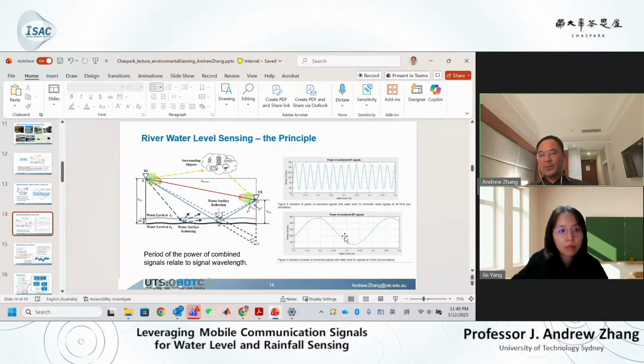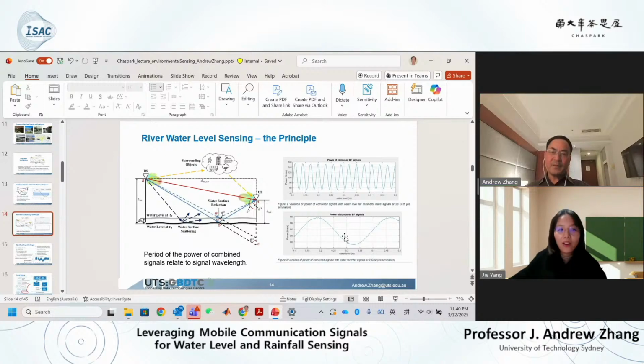Actually, multiple receivers, no matter whether they are from different channels or even working on the same channel, provide redundant information, and such information is always useful for improving the sensing performance or capability. Not just, for example, different frequencies. If you have signals from multiple transmitters at different locations, etc., such information is also very useful.